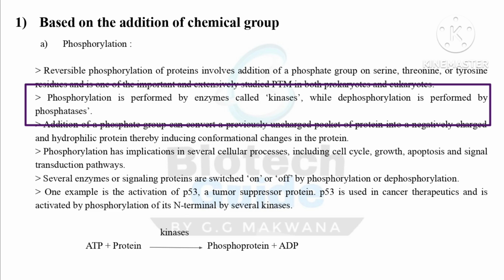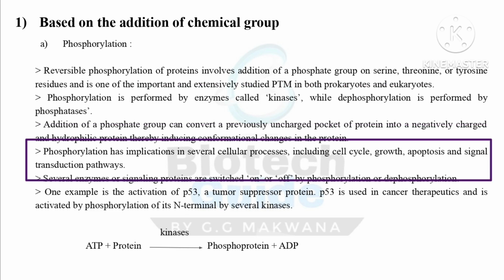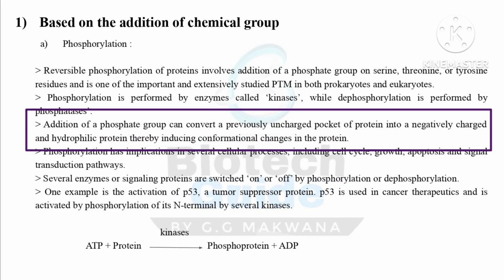Then third, application. Phosphorylation has several implications in cellular processes including cell cycle, growth, apoptosis, and signal transduction pathways. So these are the applications. Now another 2 points are effect and example. After addition of a phosphate, what happens?